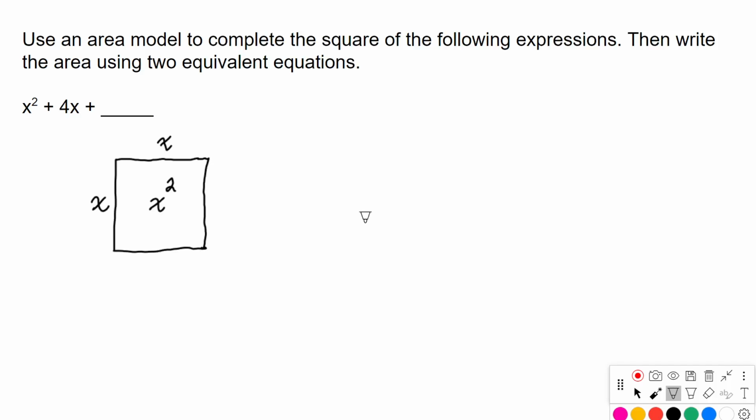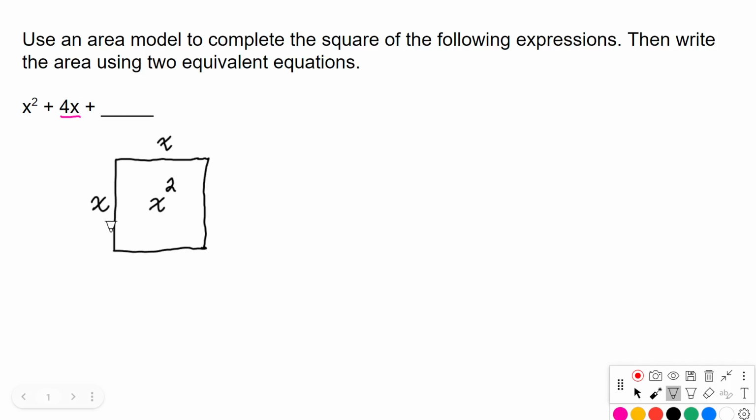Now if I look at my expression here, I see that I have a plus 4x. I am going to create additional parts to my square, adding to my square to create a total of 4x.